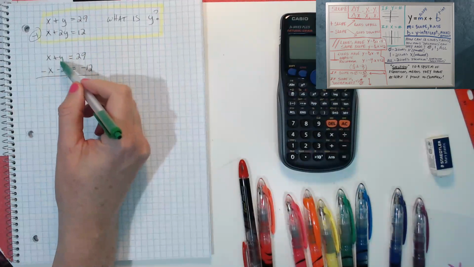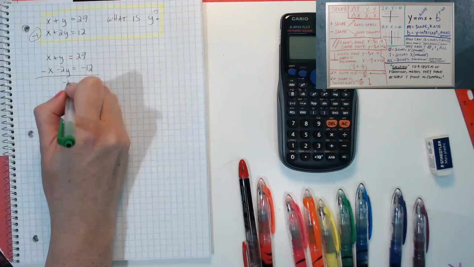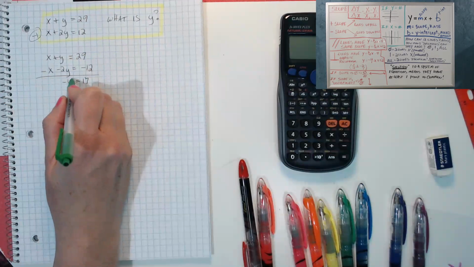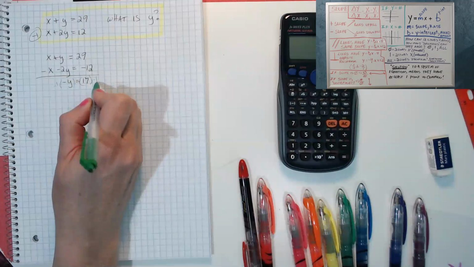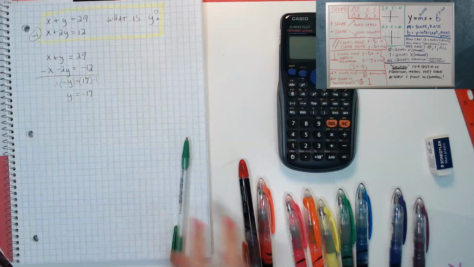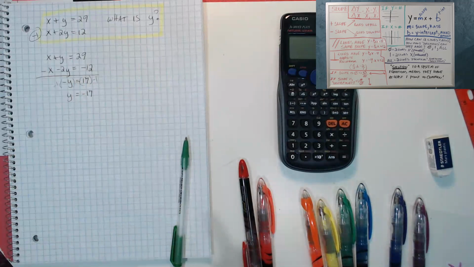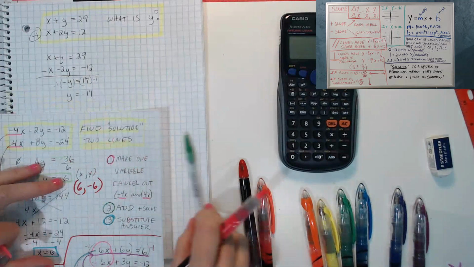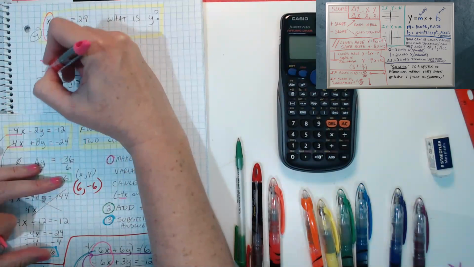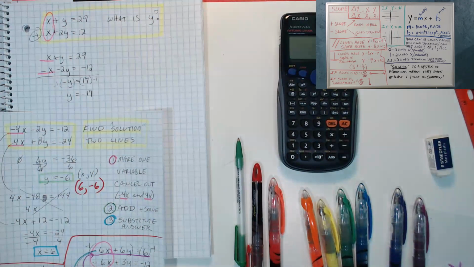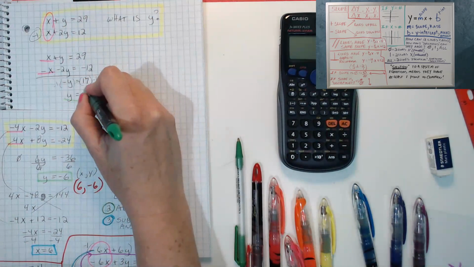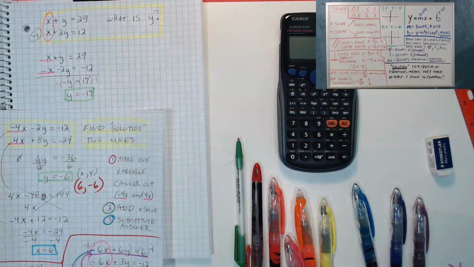So those cancel out. We're left with negative y equals 17. You multiply both sides times a -1. You get y is negative 17. I'm not going to rewrite this stuff right here, but let's keep the same color code as we do them. So the variable that we canceled out were the x's. And we got to this answer, y equals -17.